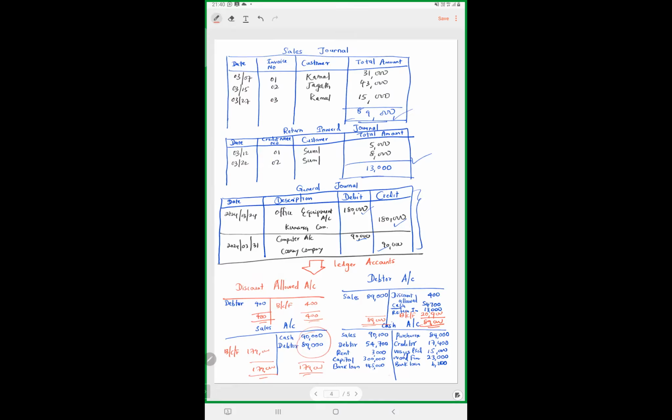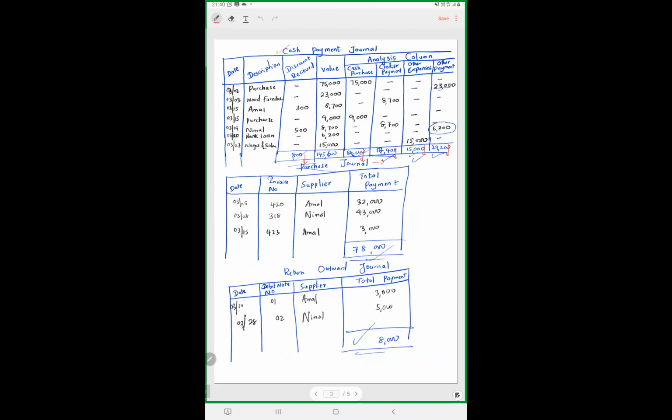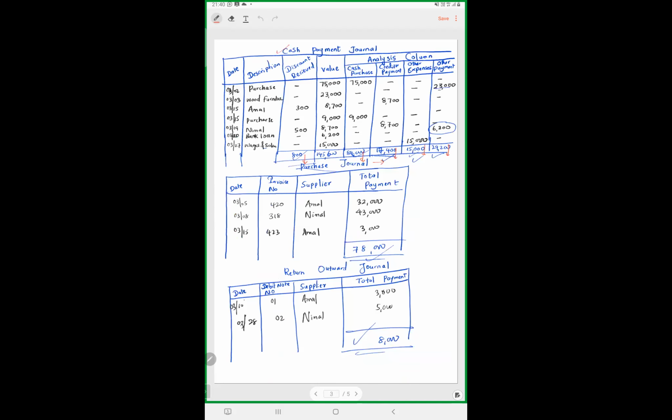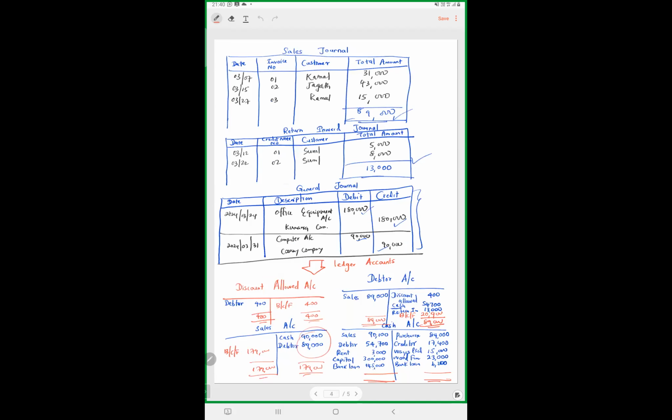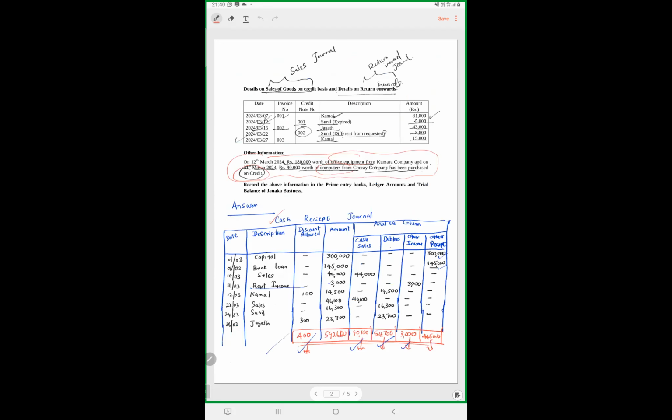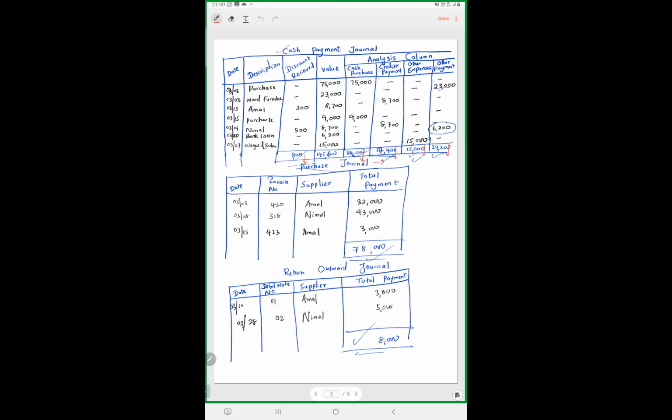And when it comes to the cash account, first you need to see which side is more. Obviously you can see the debit side is greater. So then you need to get 90,000. Cash sale 91,000. $90,100, right?